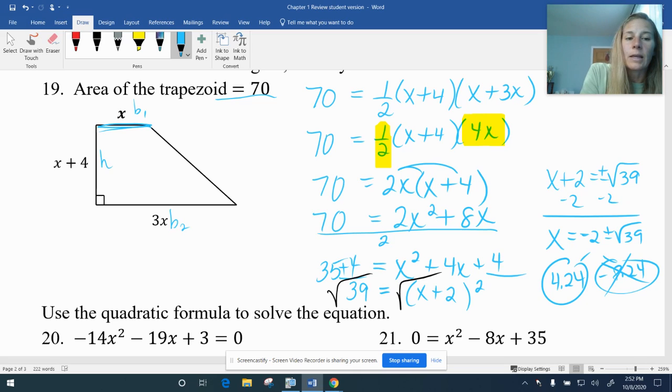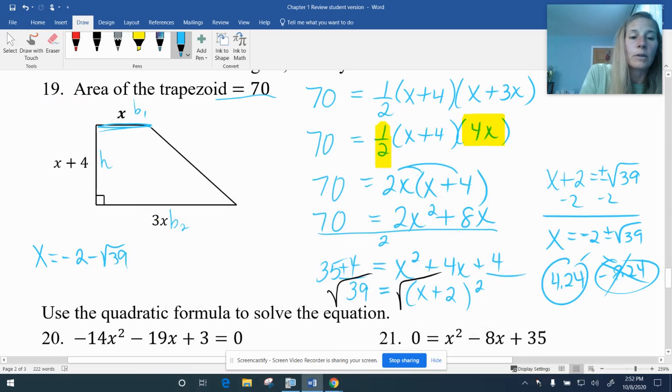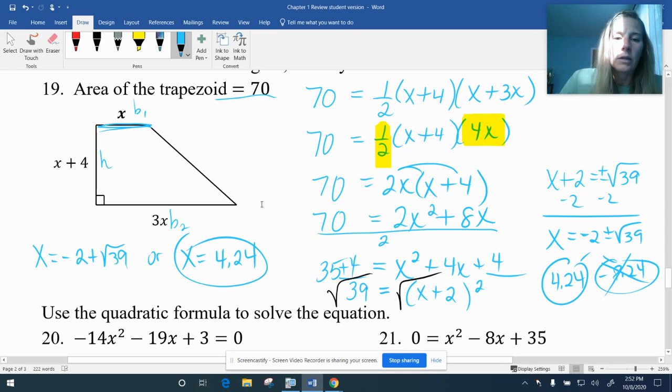So if we were to say that x equals negative 2 minus the square root of 39, I think that was the one that it was, right? Yeah. No, negative 2 plus, sorry. That worked out to be 4.24. And I believe that's all it asked us to find there, right? So find the dimensions.